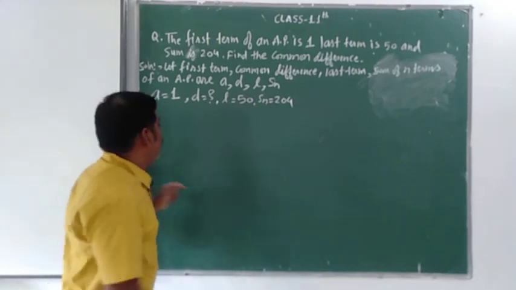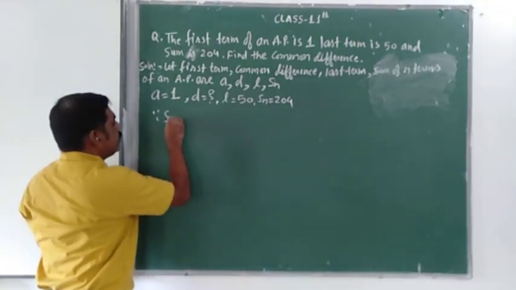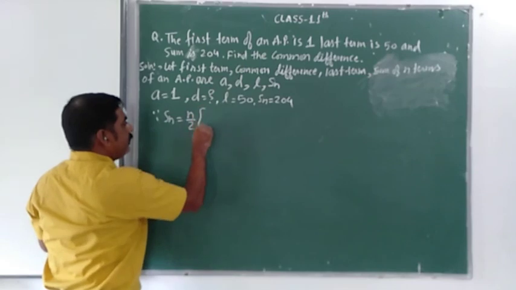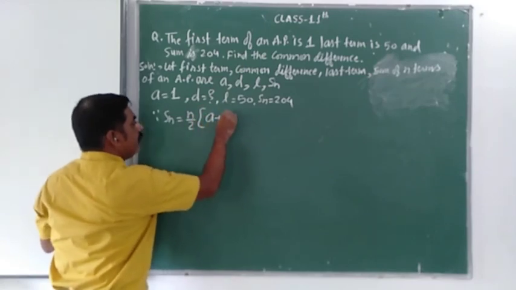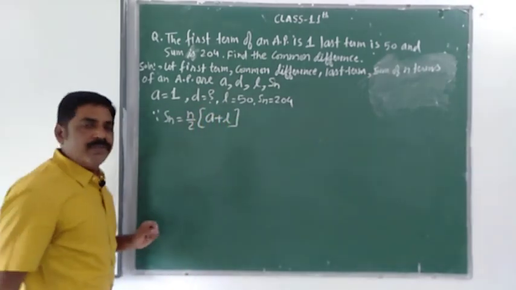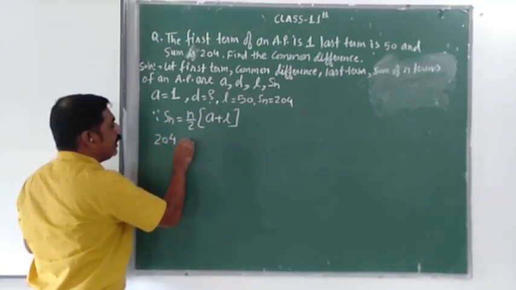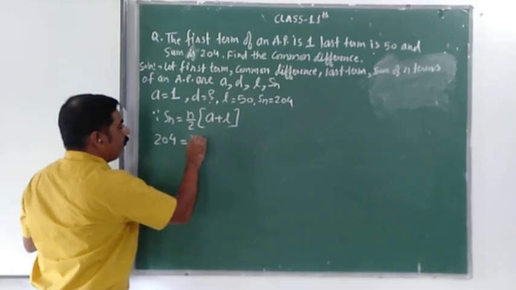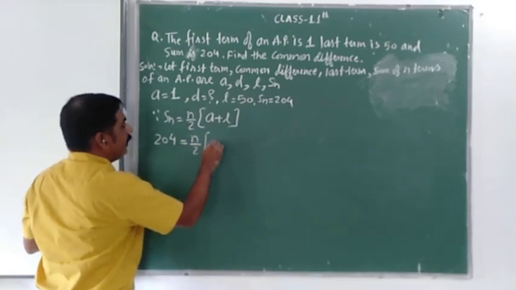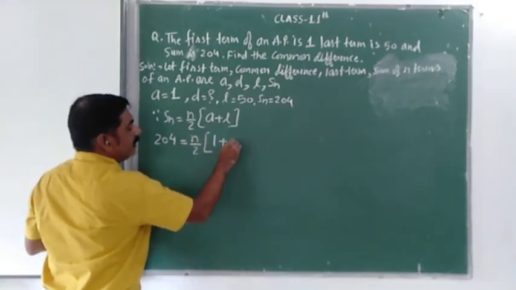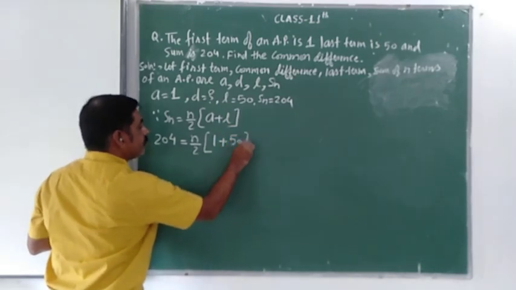Since Sn is equal to n by 2 into a plus l. The value of Sn is 204, and we have a is 1, d to find, l is 50.